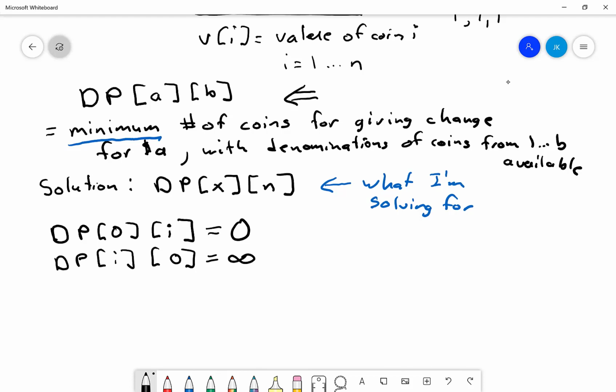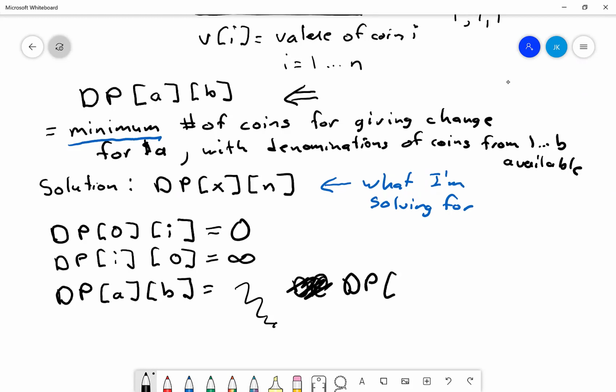Okay, so now the key part of this is I need to write my recursion for the more general case of dp of A and B. If I think about my options, if I need change for $8 and I've got coins from 1 to B available to me, I need to write this as some combination of dp of something with an A and a B, where these numbers are the same or lower than the original.